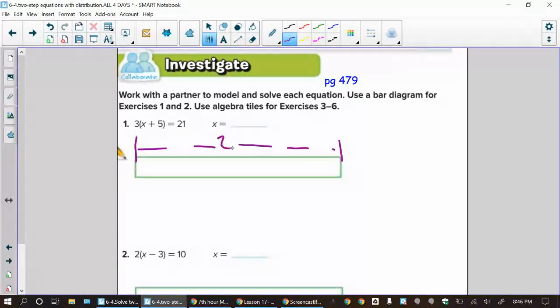It equals my 21. Okay, how many parts do we need? Well, we need 3 parts. So the best you can, make it into thirds. What goes inside each of these parts? Our x plus 5.